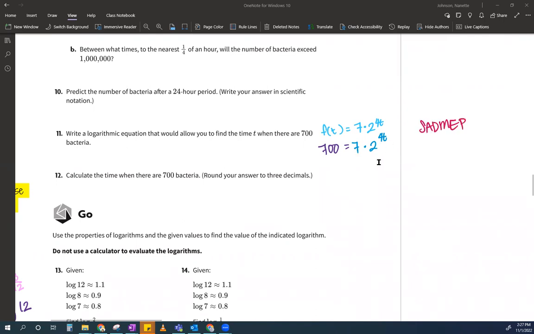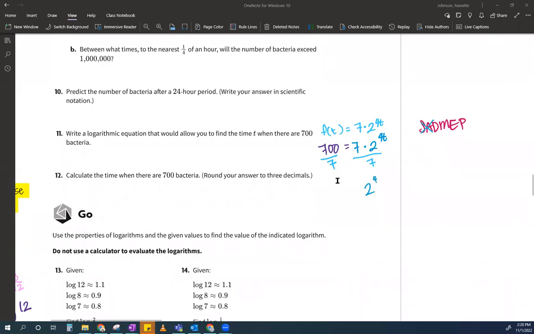And you're like, no. Then I say, okay, well, is there division or multiplication? And you're like, yeah. So then I would just divide by 7 on each side, right? So then what I have left is 2 to the 4t is equal to 100.